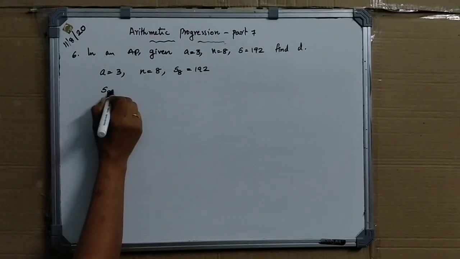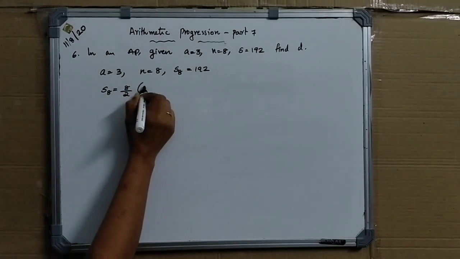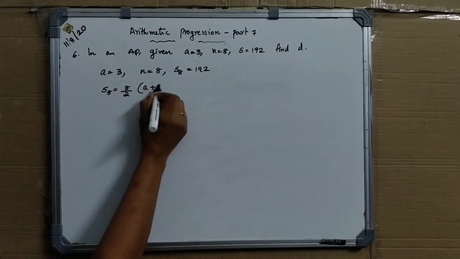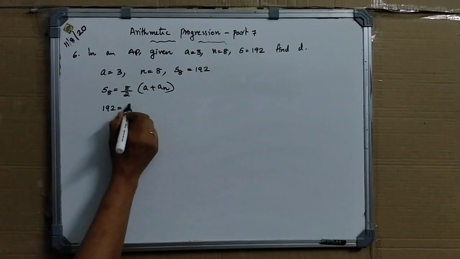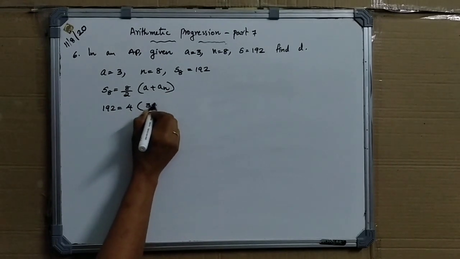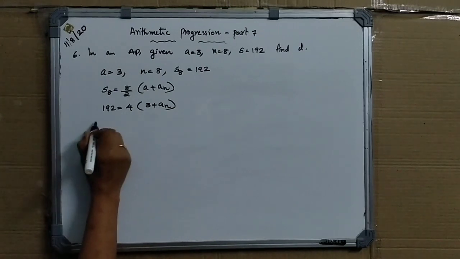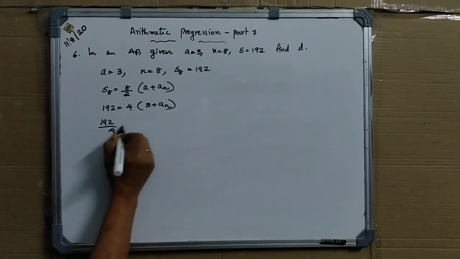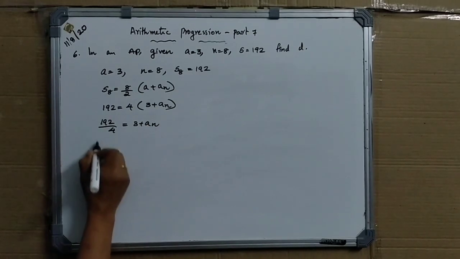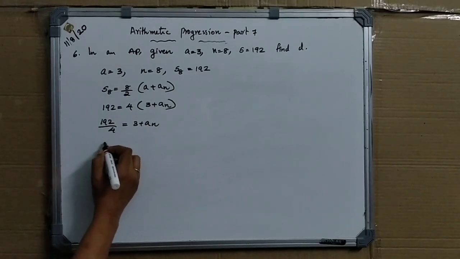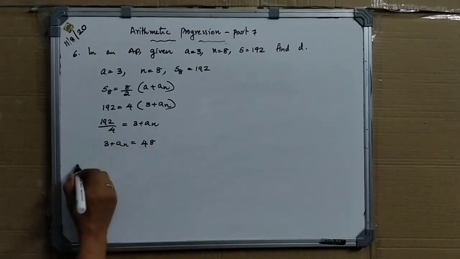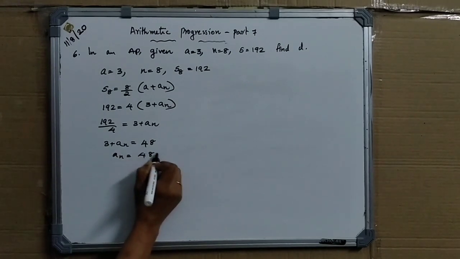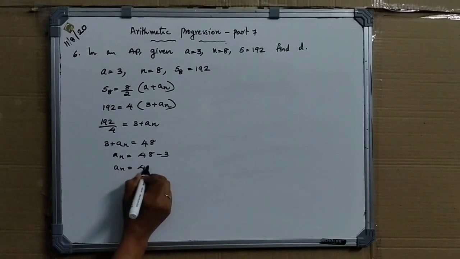S8 means we have n by 2 into first term and last term. You can use it as a plus an. That is S8. S8 means 192 equal to 4 into (3 plus an). An is not given. 192 divided by 4 equal to 3 plus an. 192 divided by 4 is 48, so 3 plus an equal to 48, or an equal to 48 minus 3 and an equal to 45.